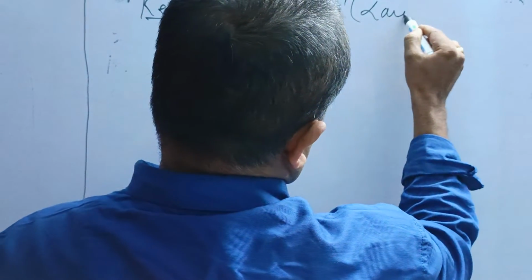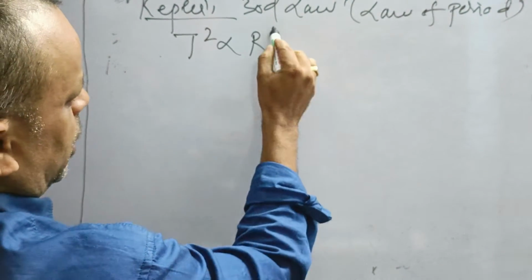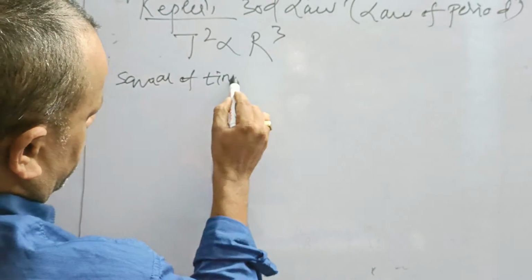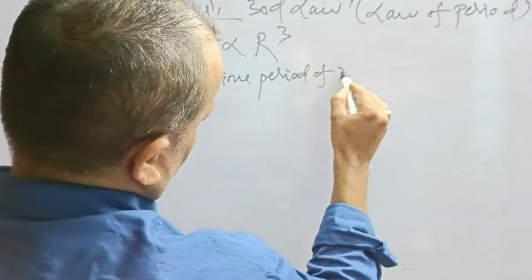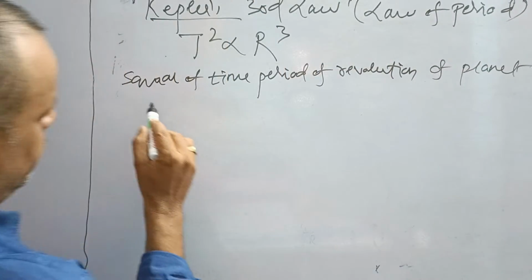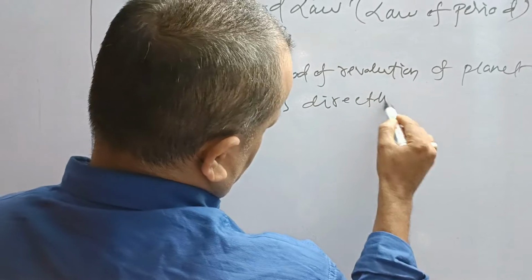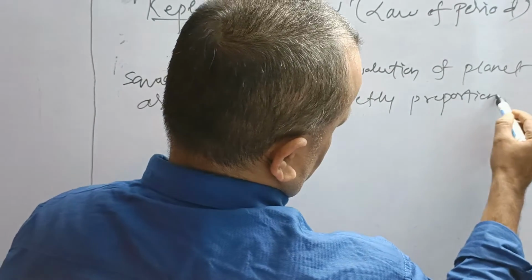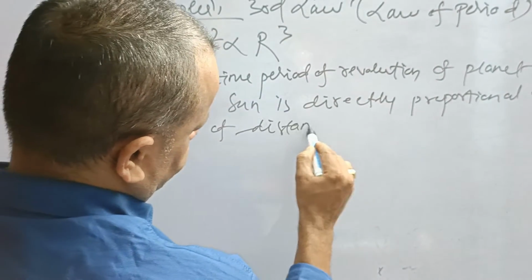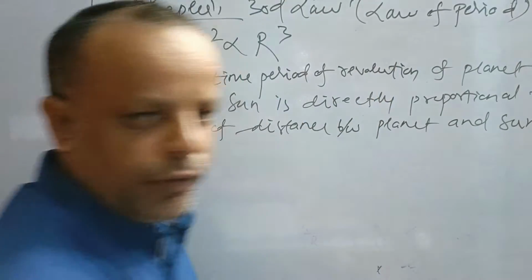It states that T squared is directly proportional to R cubed. That means the square of the time period of revolution of a planet around the sun is directly proportional to the cube of the distance between the planet and the sun. We can prove that out.